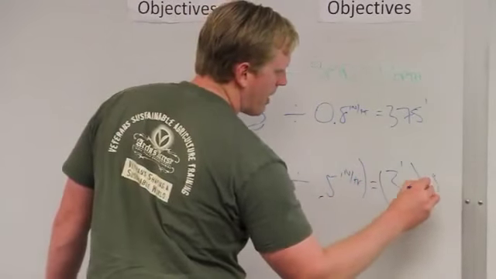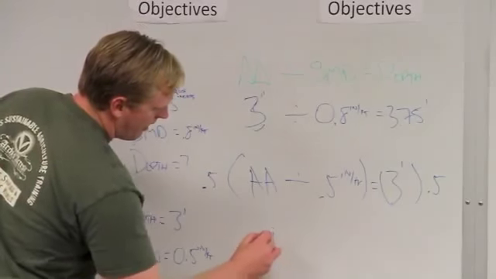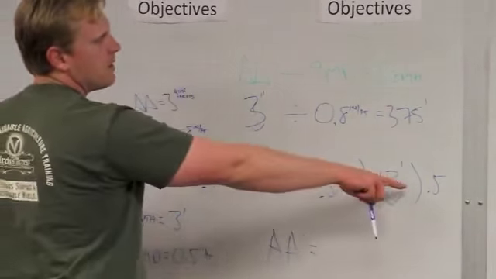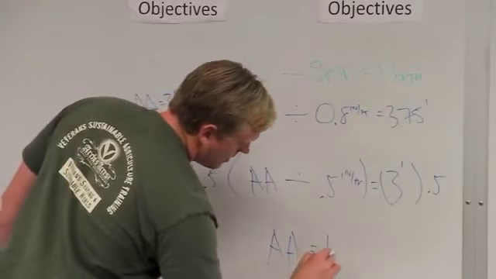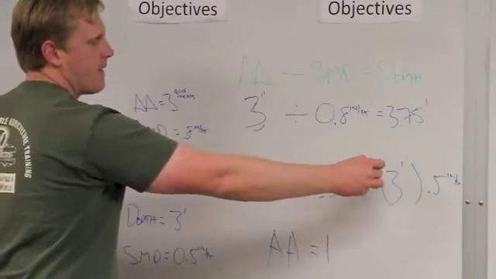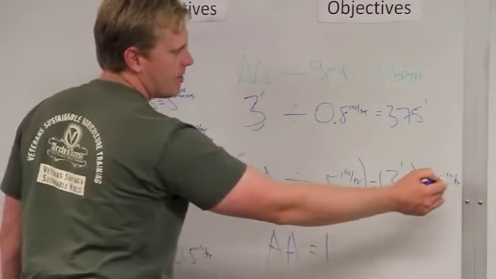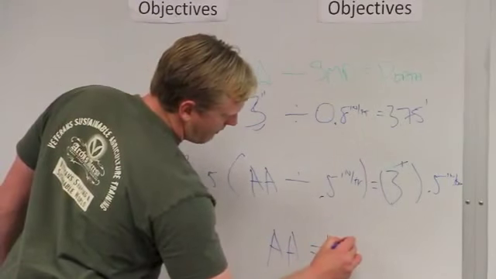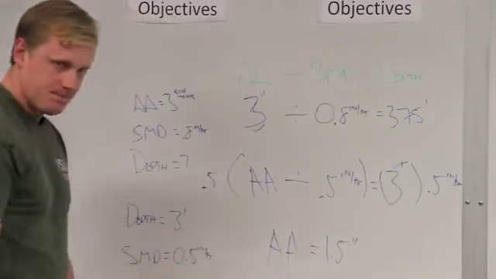So multiply that by 0.5. That means our available water is going to equal 3 feet times 0.5 inches per foot. And what happens when we have 3 feet times 0.5 inches per foot? The feet will cancel each other out, and we're going to be left with 1.5 inches.